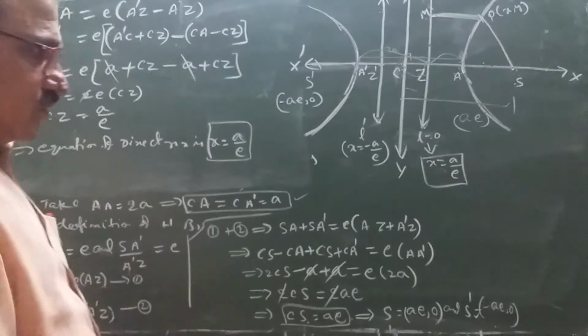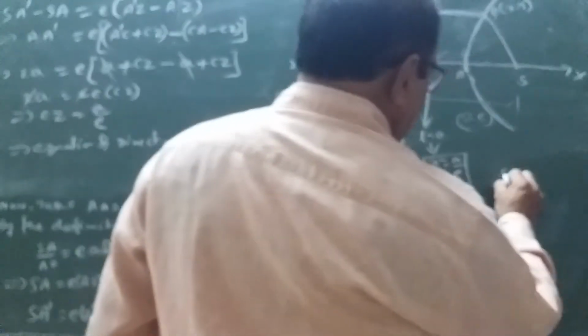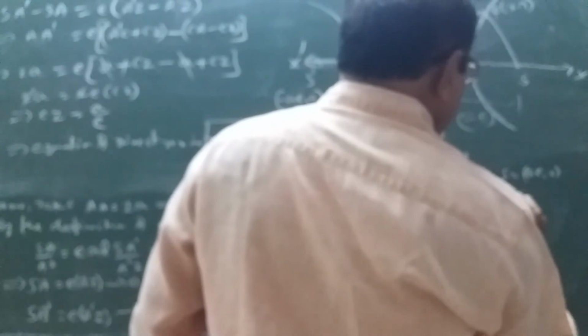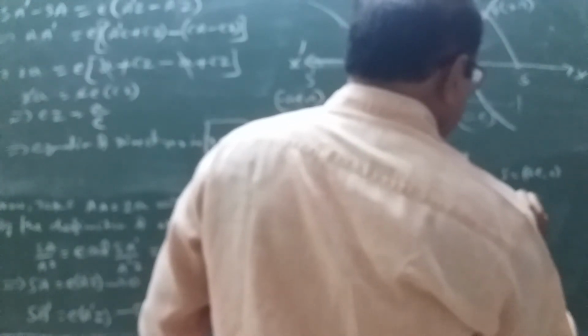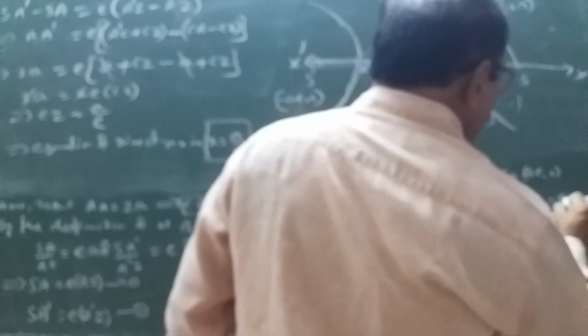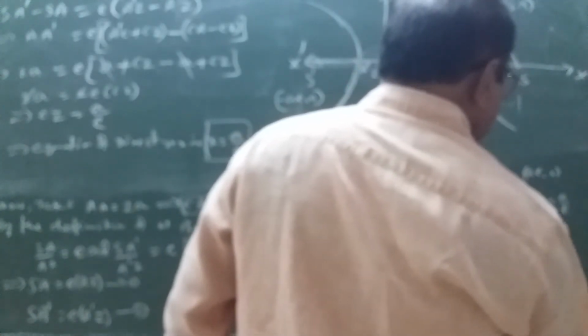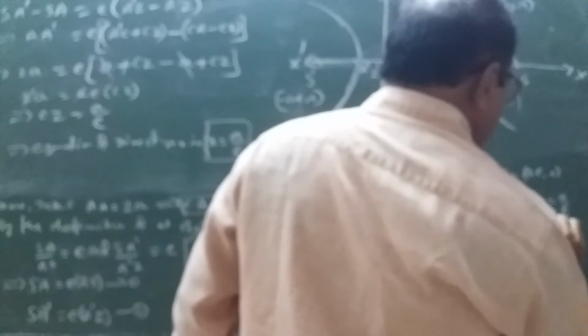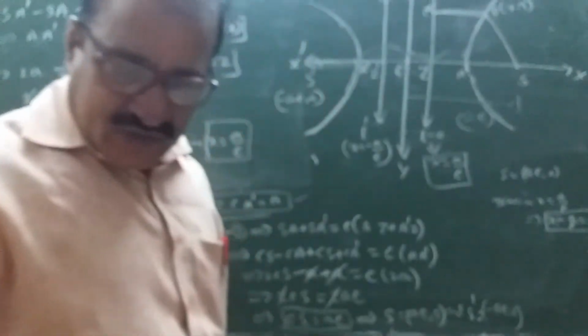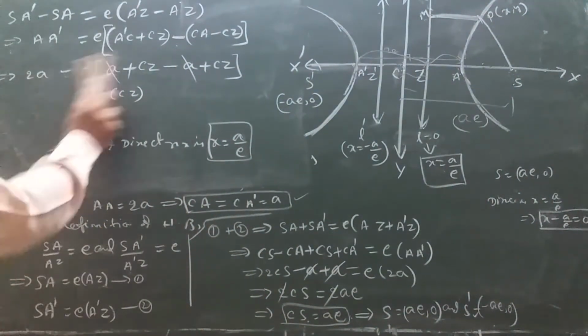By using these two, I will write here S is equal to AE comma 0 and the equation of directrix, x is equal to A by E. That means x minus A by E is equal to 0 we have to take. By using those two we can prove the remaining part.